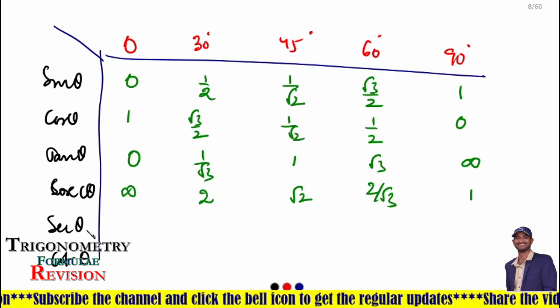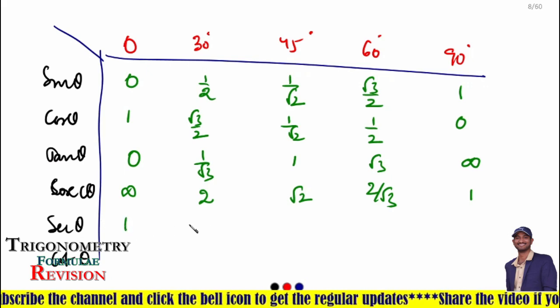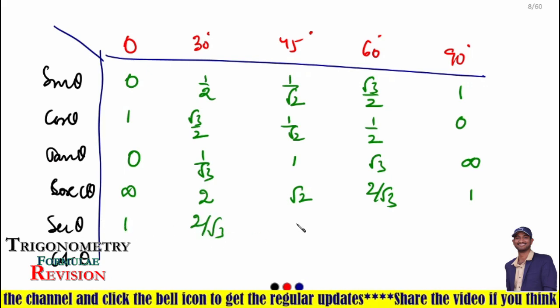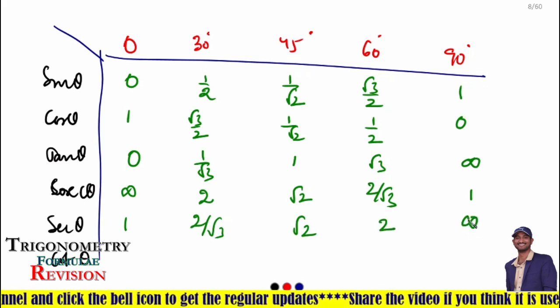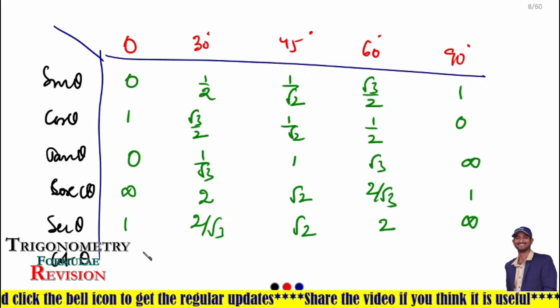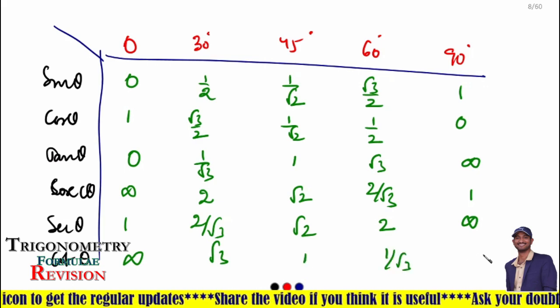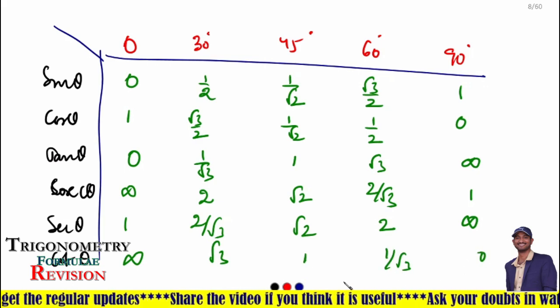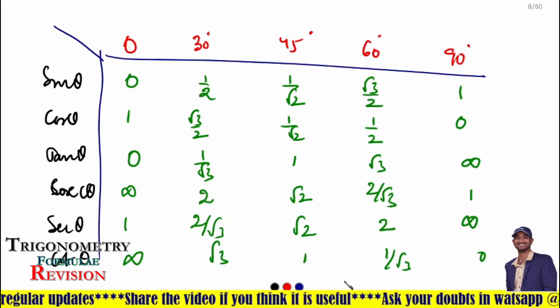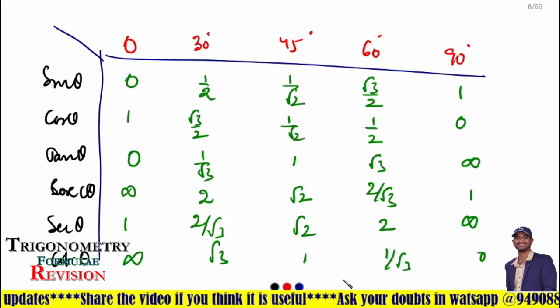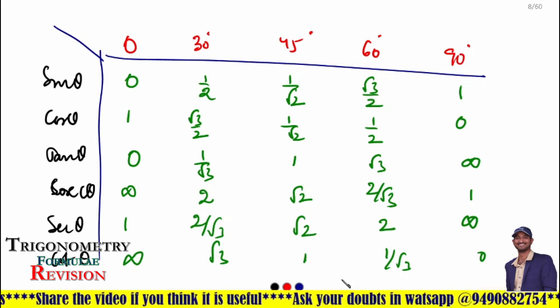Secant 0 is 1, then 2 by root 3, root 2, 2 and infinity. Cot, the reversal of tan, is infinity, root 3, 1, 1 by root 3 and 0. So this is the table of trigonometric ratios for some specific angles.